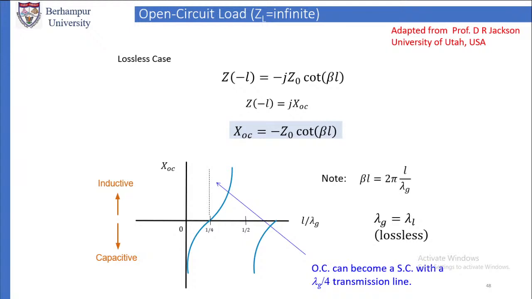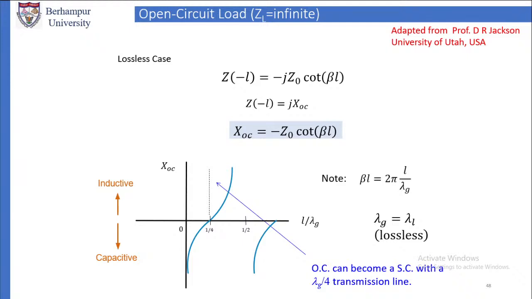Although it is an open circuited transmission line, at a distance L such that L by lambda g is equal to 1 by 4, this line behaves like a short circuit. So an open circuit can become a short circuit with a lambda g by 4 transmission line.